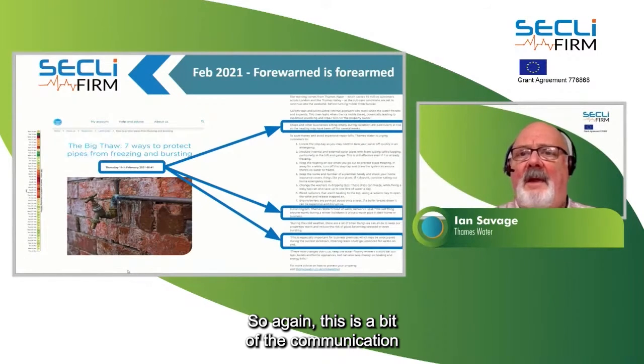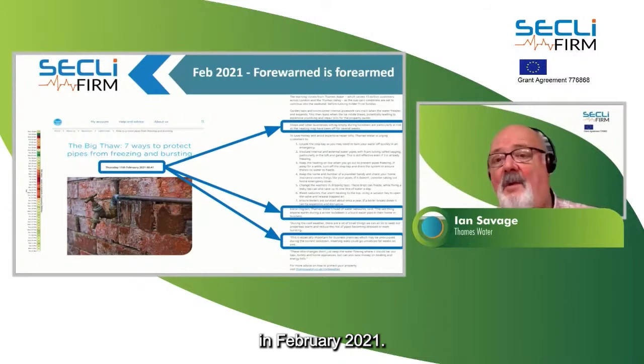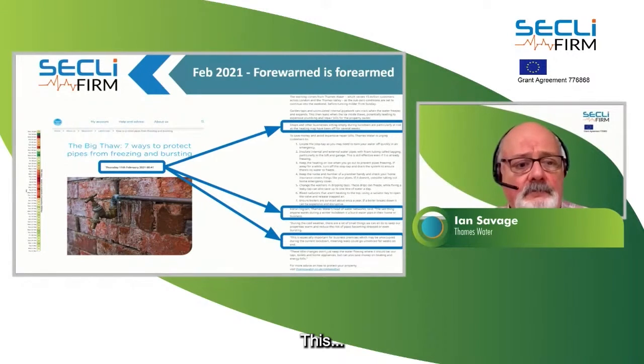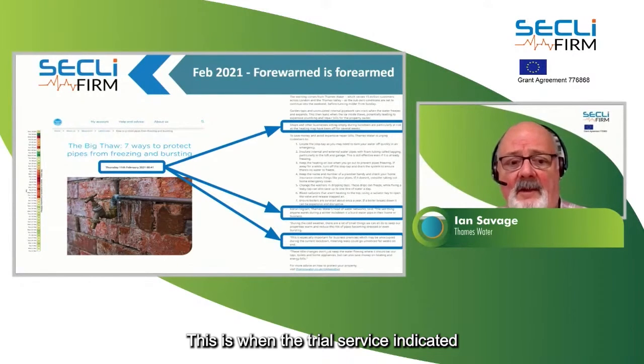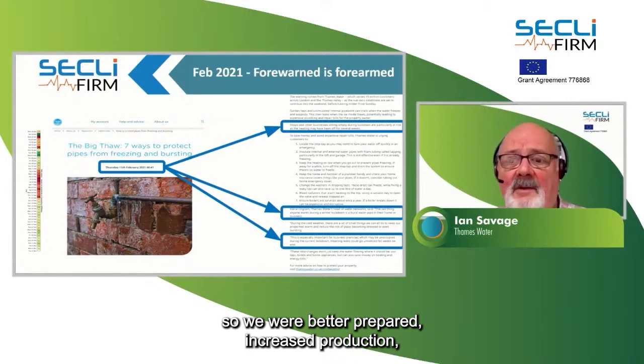So this is the communication that we put out in February 2021. This is when the trial service indicated 2 or 3 weeks in advance that there was a risk of this phenomenon happening. So we were better prepared, and increased production.